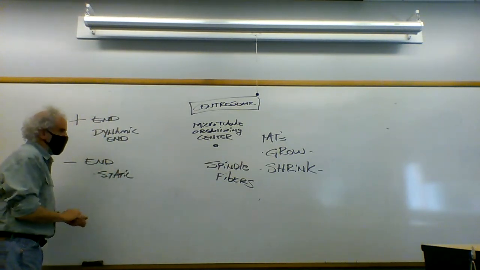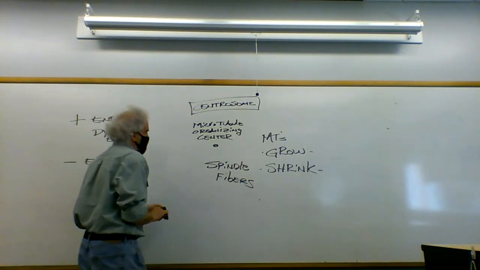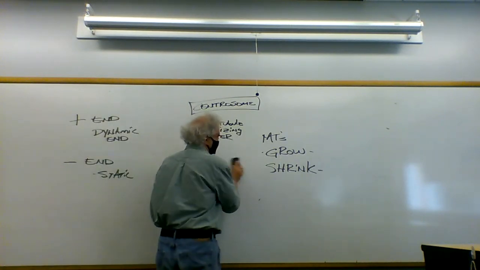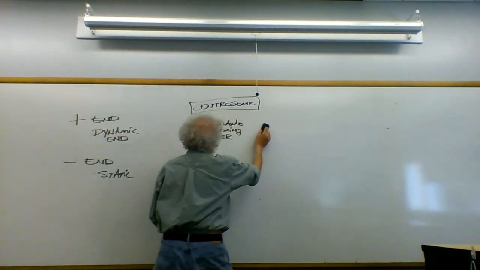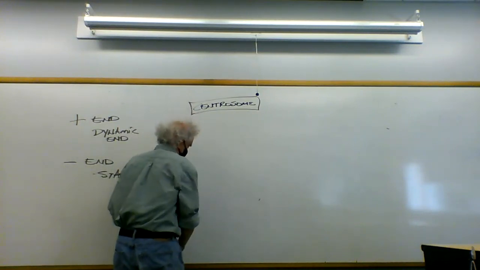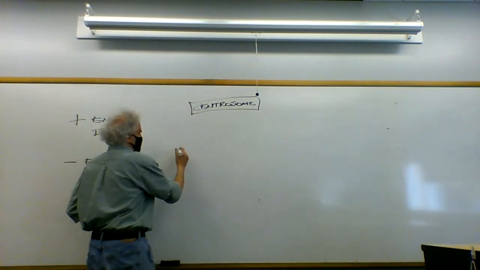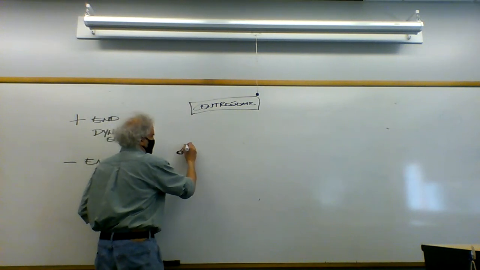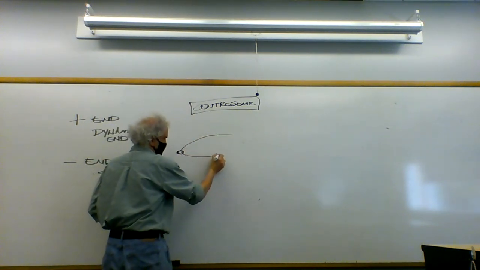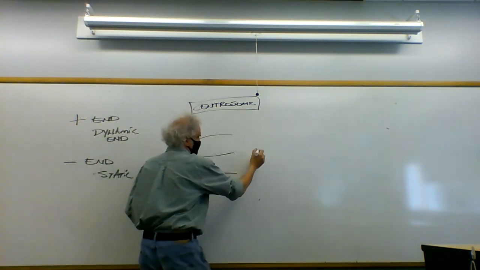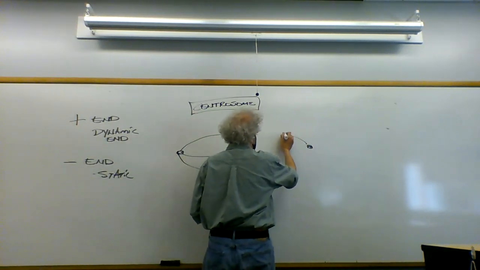So when we think about the microtubule organizing center in a dividing cell, that is a centrosome, we got the microtubules, spindle fibers, coming out like that. And the same thing happening over here.